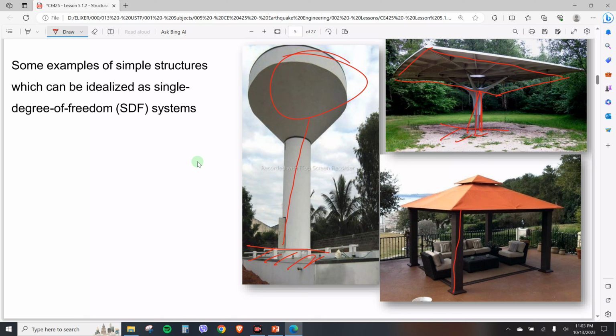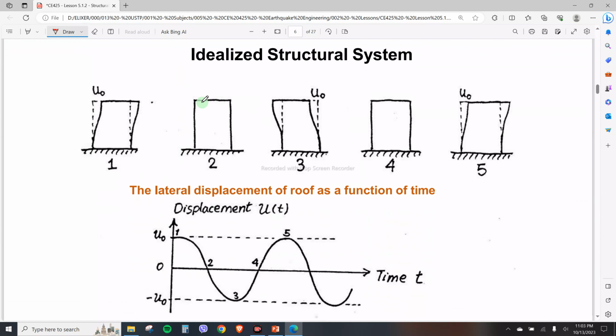Also here, we have a framing which we can idealize as a single degree of freedom system.